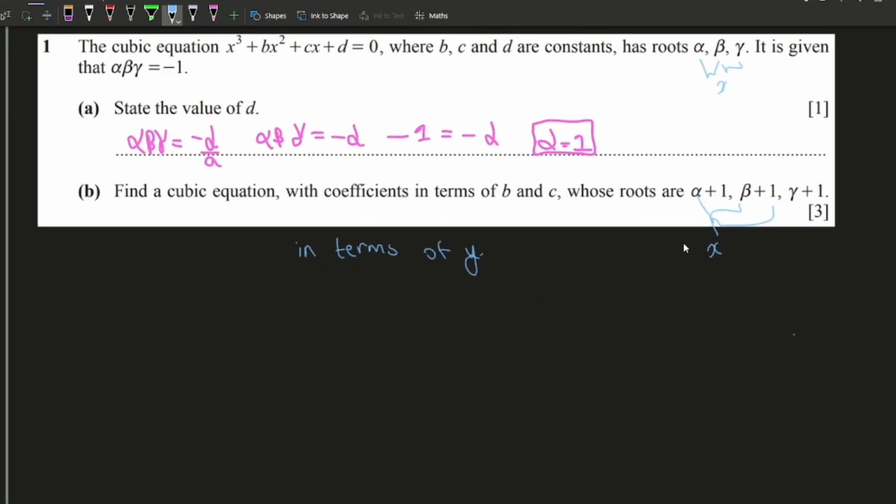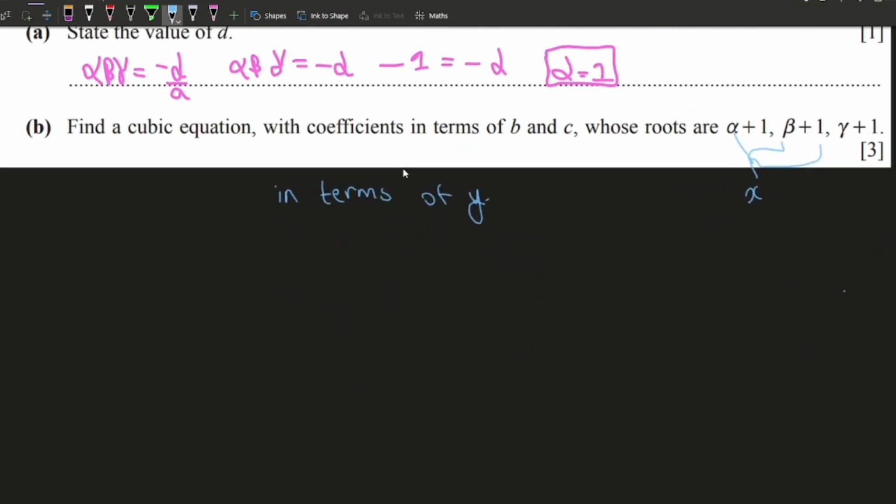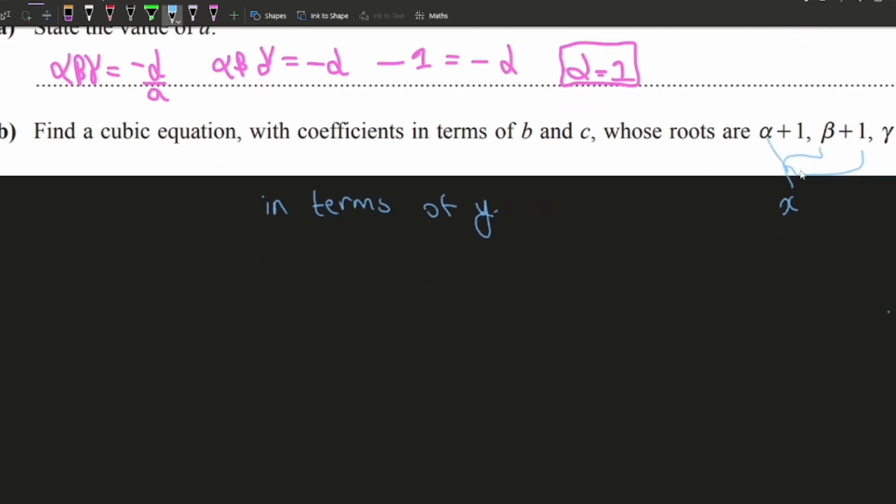Since they are the values of x, we can simply write them as a single equation, which is x plus 1. This x represents alpha, beta, and gamma. They are basically the values of x. So we now simply equate this equation to y.